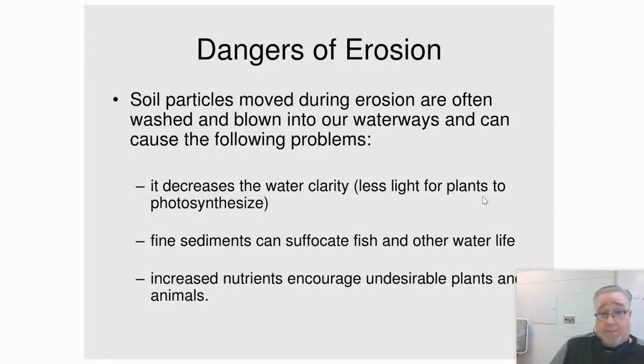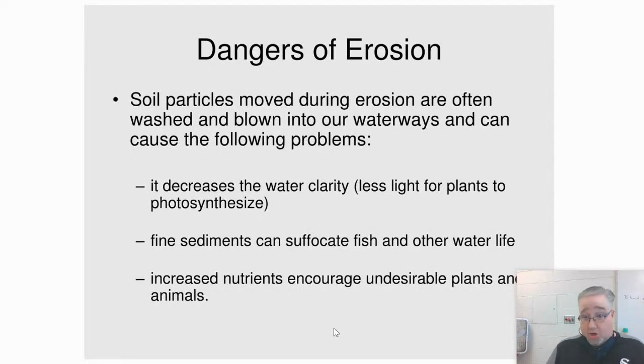So that's a problem. A lot of sediments, dirt, soil that gets into water can actually get into the gills of fish and clog them up and actually suffocate the fish. That's not a very good thing. And finally, a lot of soil that erodes, a lot of that soil has nutrients in it, right? So if those nutrients get into the water, well, we've talked about this before, right?